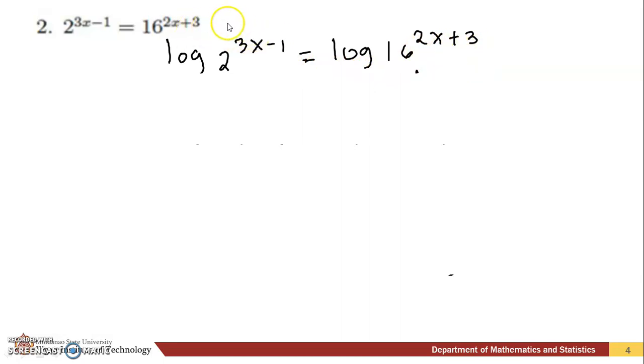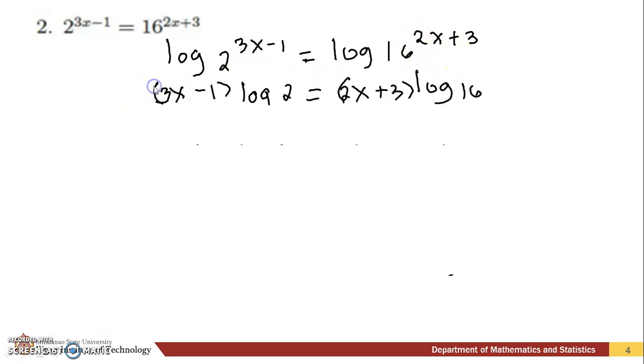And then by the properties of logarithm, we can take this exponent here and place it here, multiplied with log of 2. Similarly, this one. So we have the following: the quantity 3x minus 1 times the logarithm of 2 equals 2x plus 3 times the logarithm of 16.